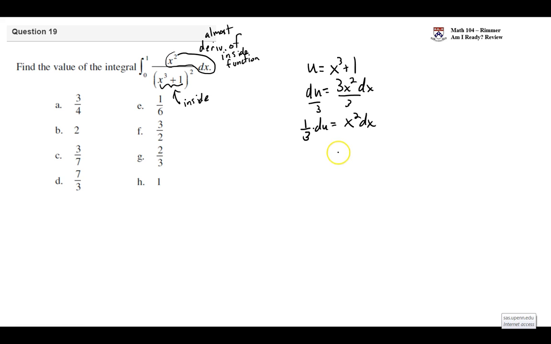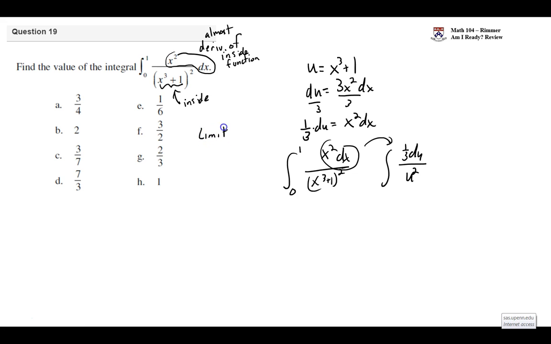My integral will become, the x squared dx becomes 1/3 of du. The x cubed plus 1 whole thing squared becomes u squared. The integral, which has x limits 0 and 1, we can change those to have u limits.